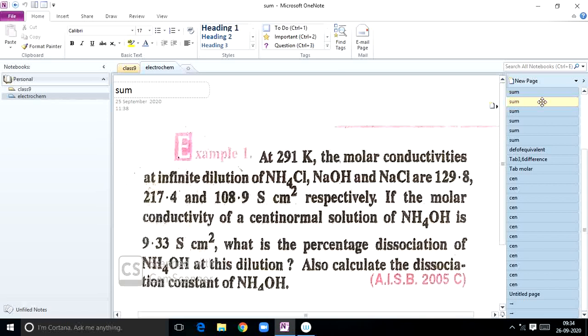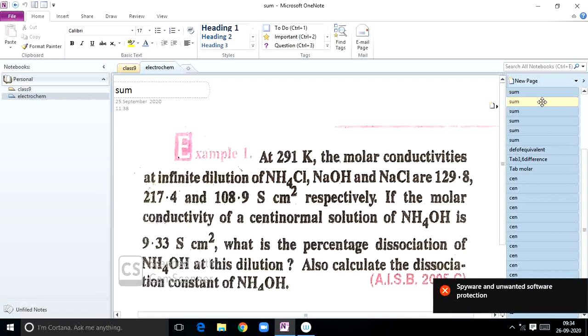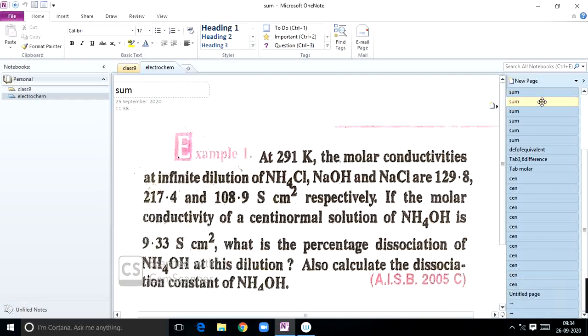At 291 Kelvin the molar conductivity at infinite dilution. Read the question, students. At 291 Kelvin the molar conductivity at infinite dilution for ammonium chloride, NaOH, NaCl are given.